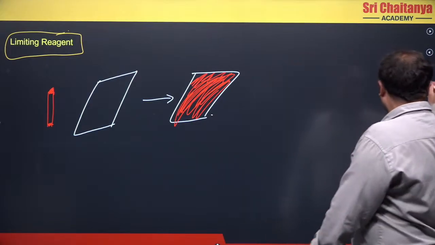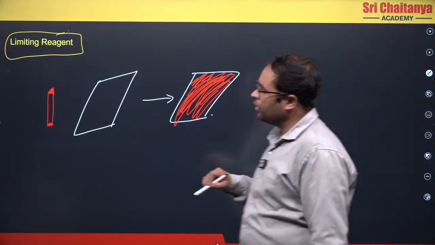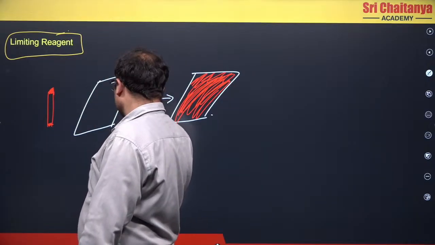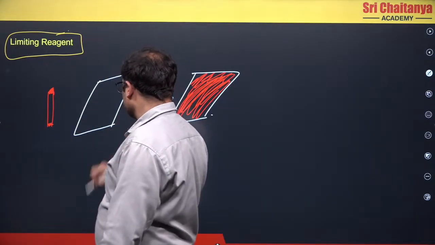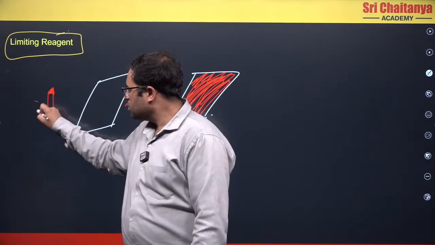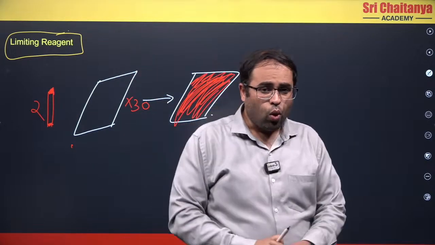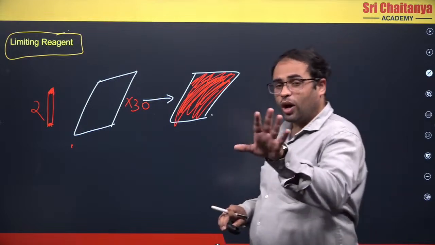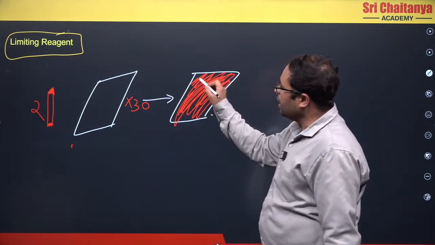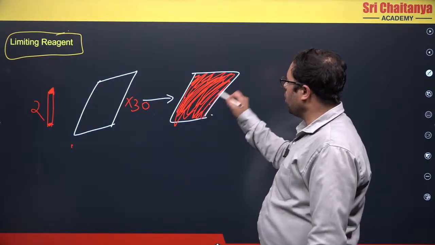Now suppose I increase the number of papers to 30 papers, but the number of crayons is just 2. And one more thing, one crayon is completely required to color one full sheet of paper.